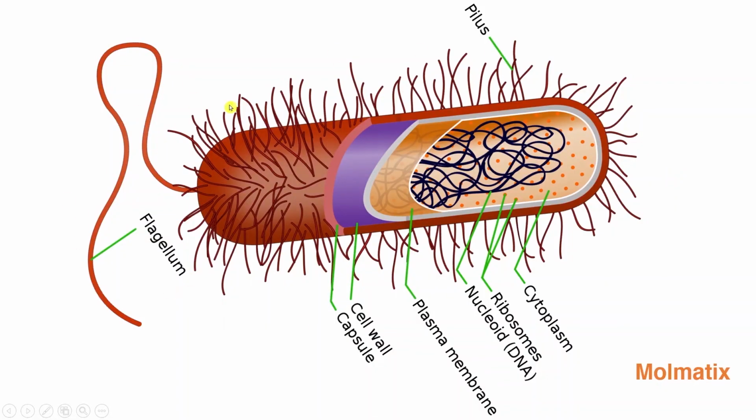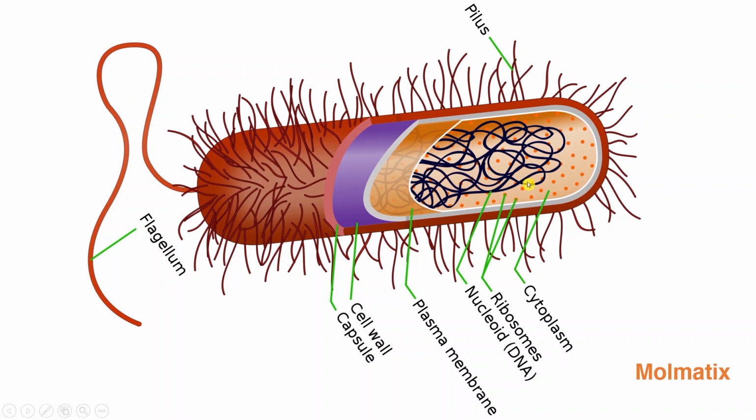This is the generalized diagram of the bacterial cell. In this diagram, this brick red colored outermost layer is the glycocalyx layer. It might be a capsule or a slime layer.